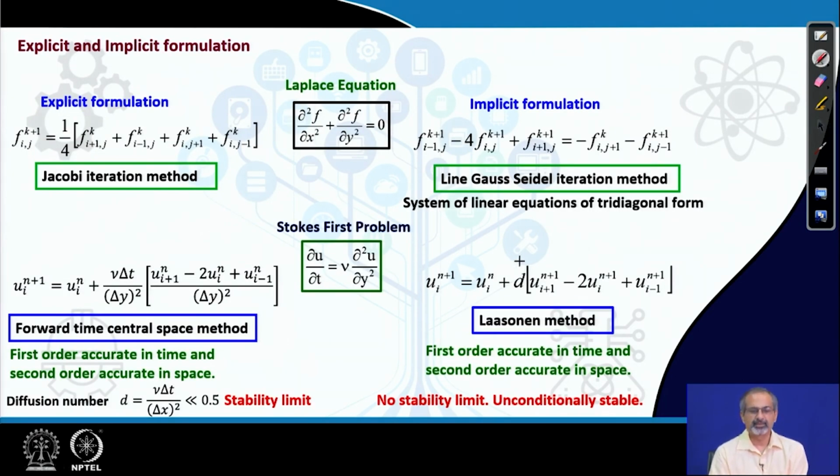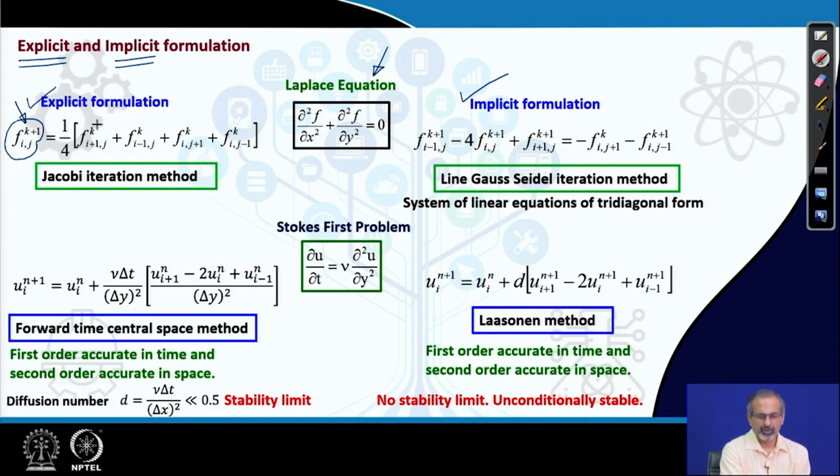Let us first look at explicit and implicit formulation. I have been mentioning the word explicit sometimes as we discuss the numerical schemes, but I have not discussed the implicit scheme yet. Let us look at the elliptic partial differential equation category, the Laplace equation. We can have different forms, explicit forms or implicit forms. In explicit forms, at a given grid point, that is the only unknown that you have in the discrete form of the equation, where k is the iteration level.